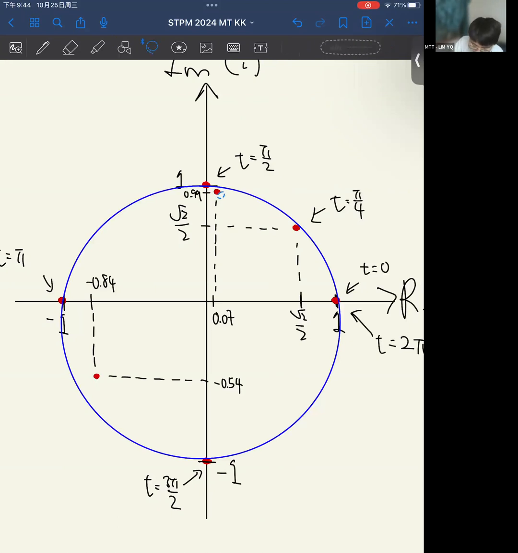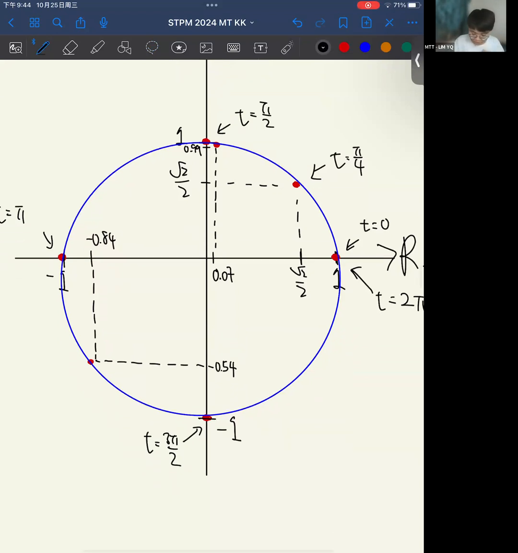You can try by your own, because I'm human, so I cannot make a perfect one. You may get a better one using a graphing calculator or whatever. So it ends up being a circle.